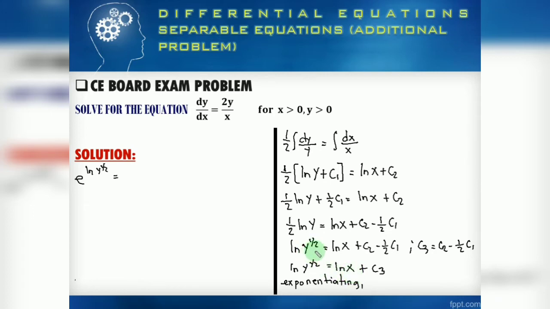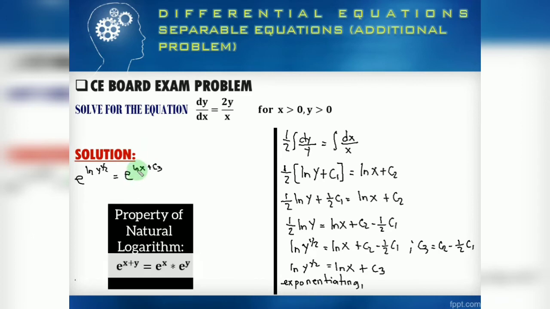e raised to this sum, so we have e raised to the ln x plus c3. But as you can observe, we have a property for this term, e raised to ln x plus c3.